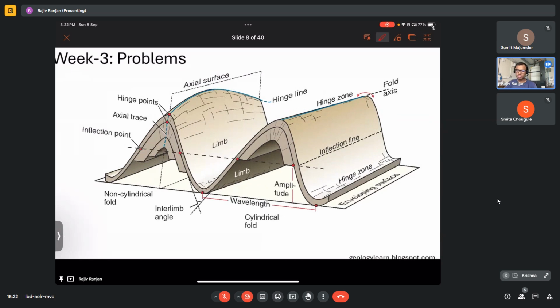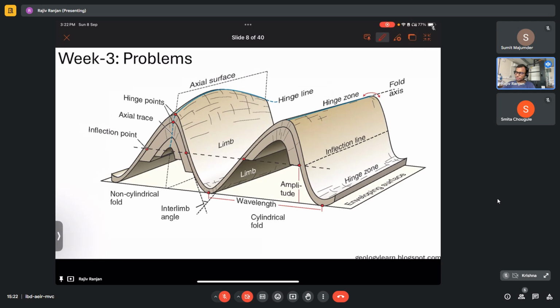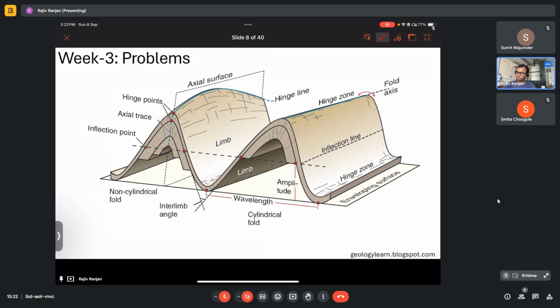So I have kept this image also to help you understand the basics and elements. If you see here, this is a fold. There are several elements mentioned here. The first thing you should know is, suppose this is the trace of the fold.